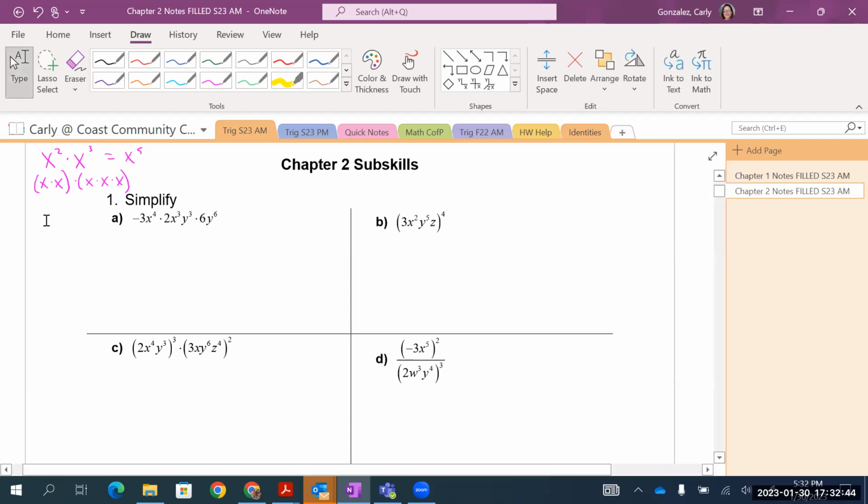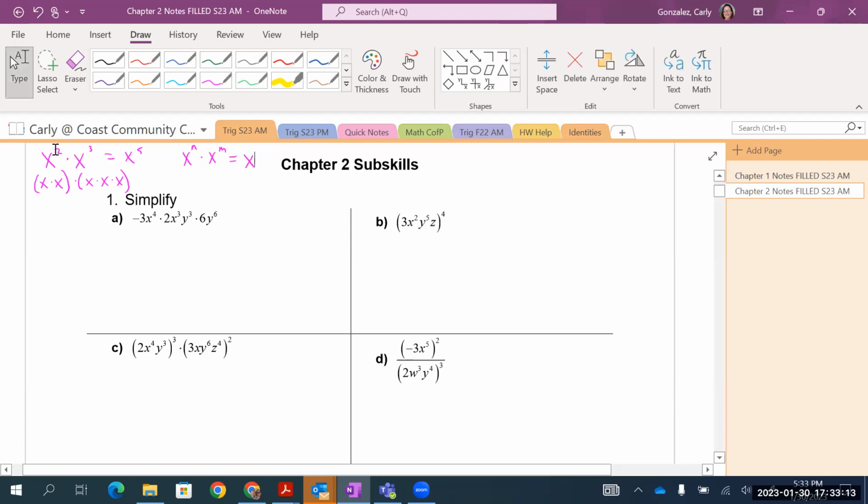Now, when the exponents are small, like 2 and 3, it's easy enough to write out, but we don't want to have to do that in general. So instead, we want a rule where if we have x to one power, let's call it n, times x to another power, let's call it m, then what do we do with the exponents?